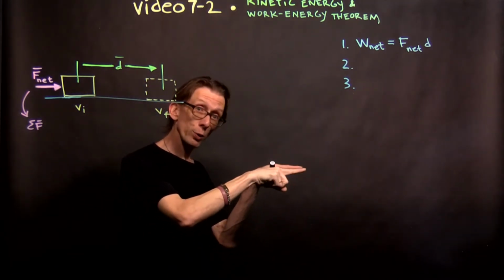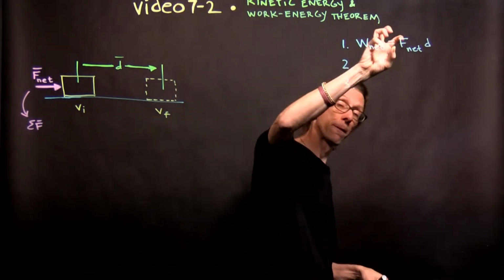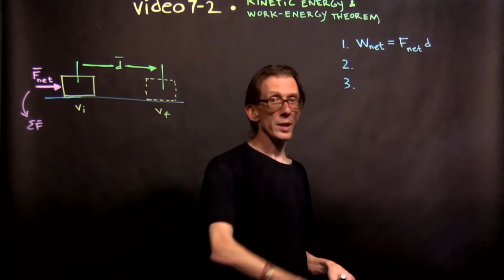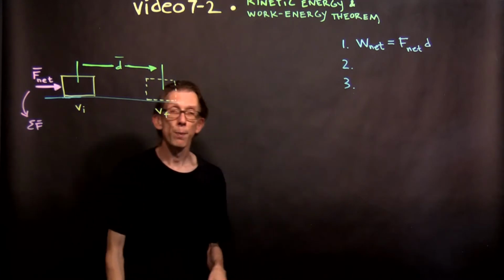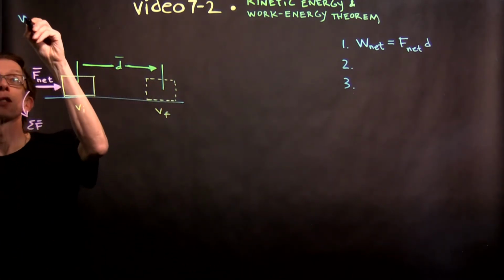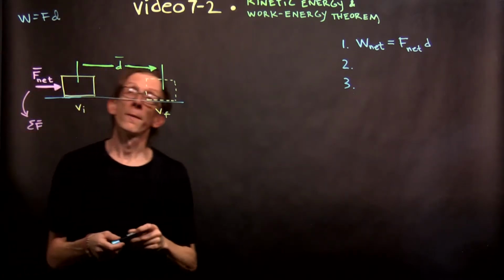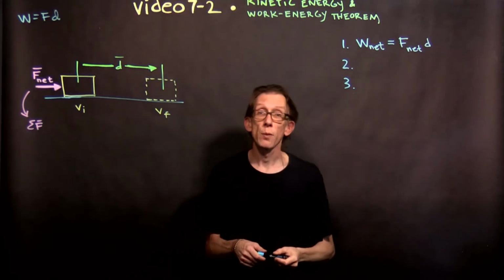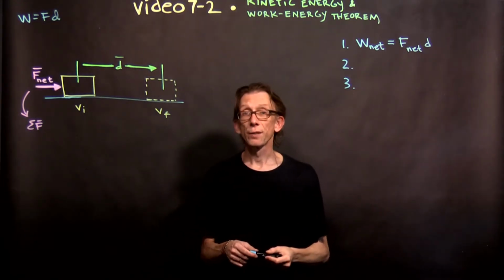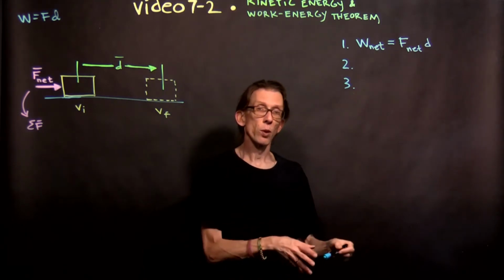So there's no angle between them. The angle is 0. So the net work is simply the net force times d. I'm applying the simplest equation, the one we did a few videos ago: when force and displacement are in line with each other, work is simply F times d. So the net work is the net force times d.